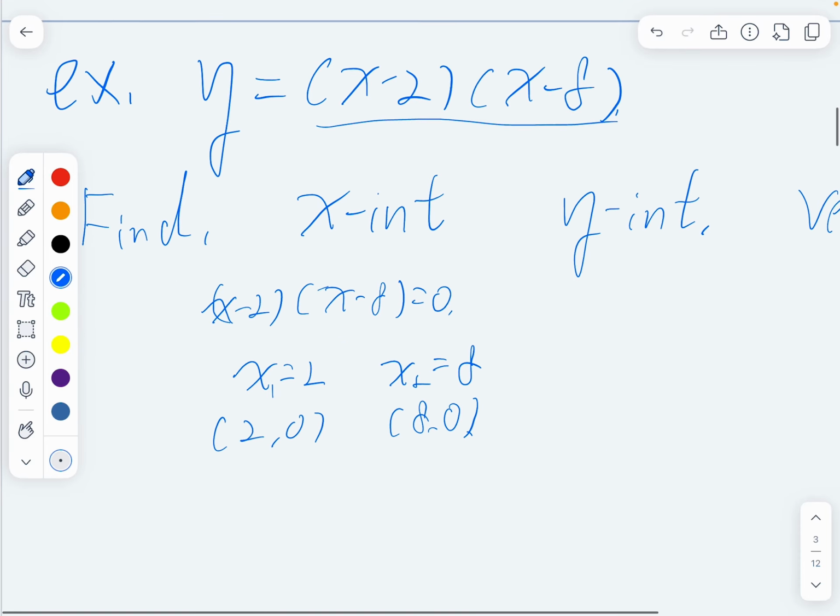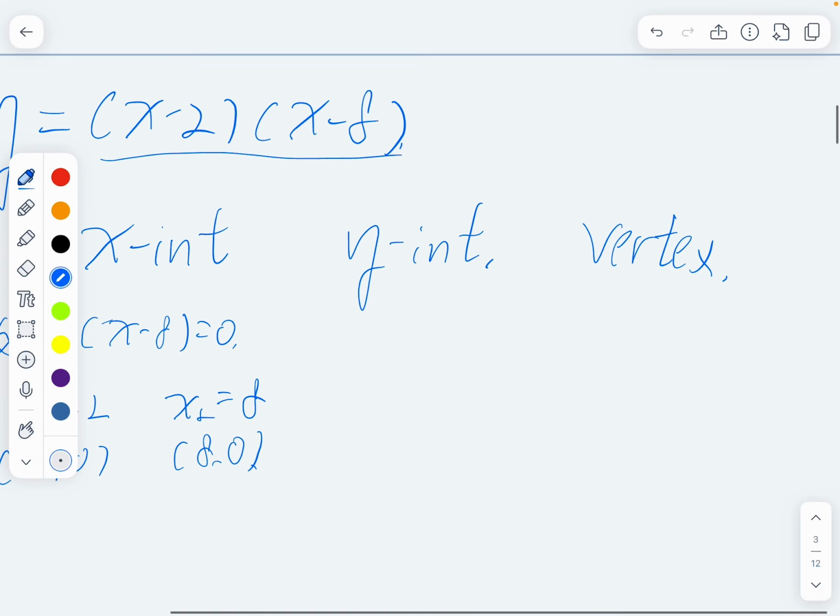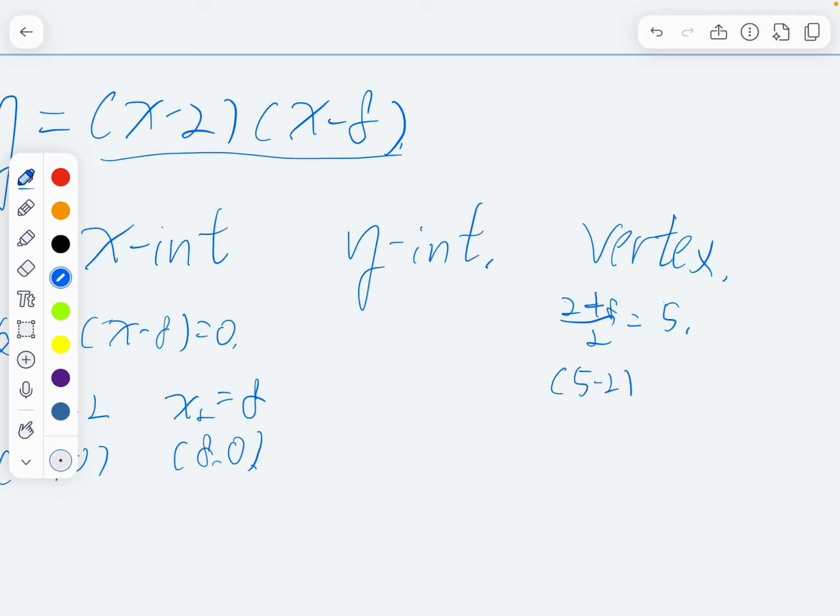So let's do an example. For the vertex, 2 plus 8 over 2 equals 5, and we plug it into the formula. So it's 5 minus 2 times 5 minus 8, which equals negative 9. So the vertex is (5, negative 9).